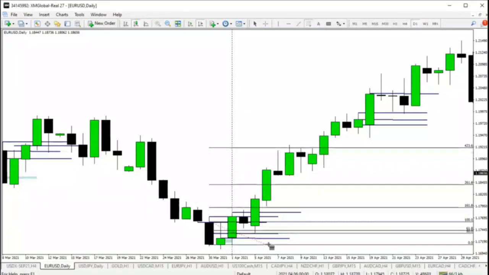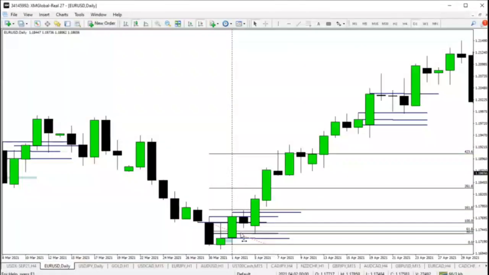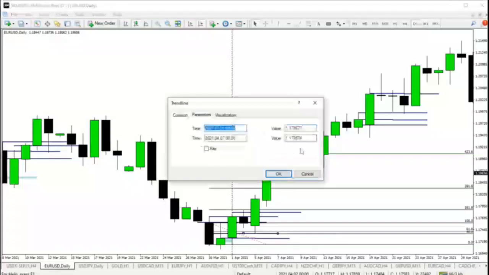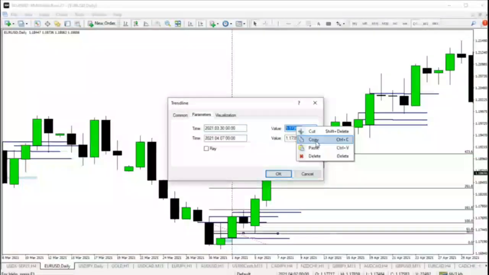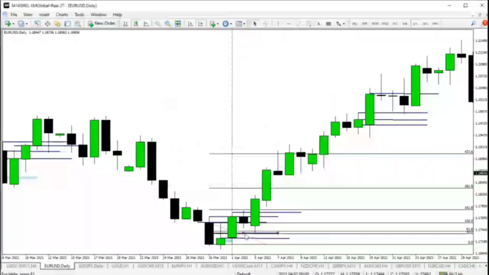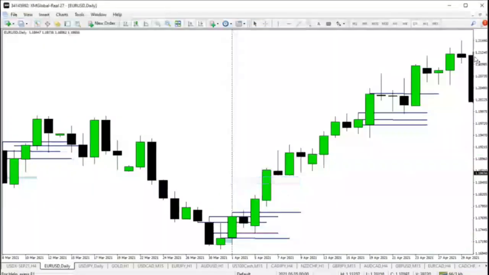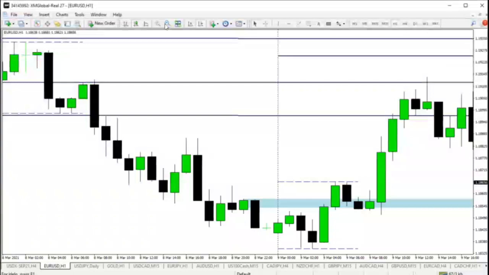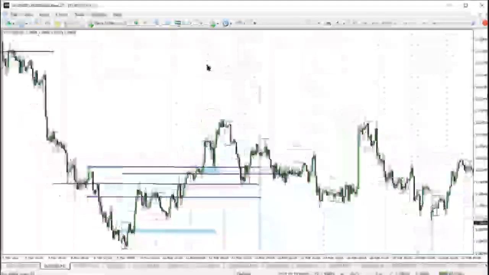So let's see if I marked it correctly. It's supposed to be just above, it's a little bit. All right. So now these are the key levels that you're going to use to buy.